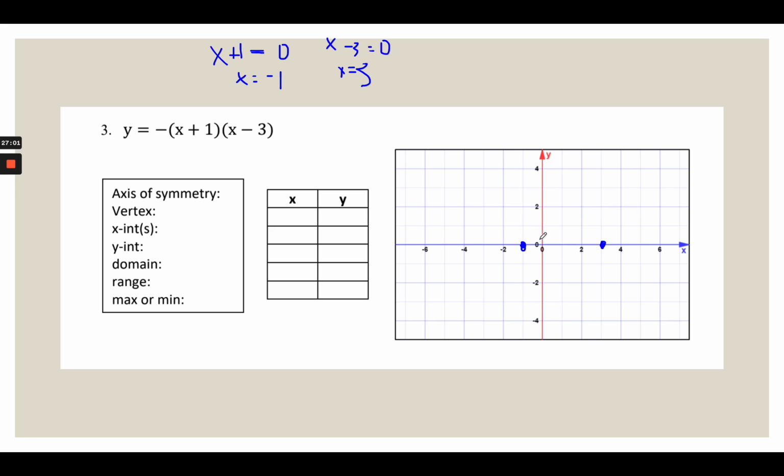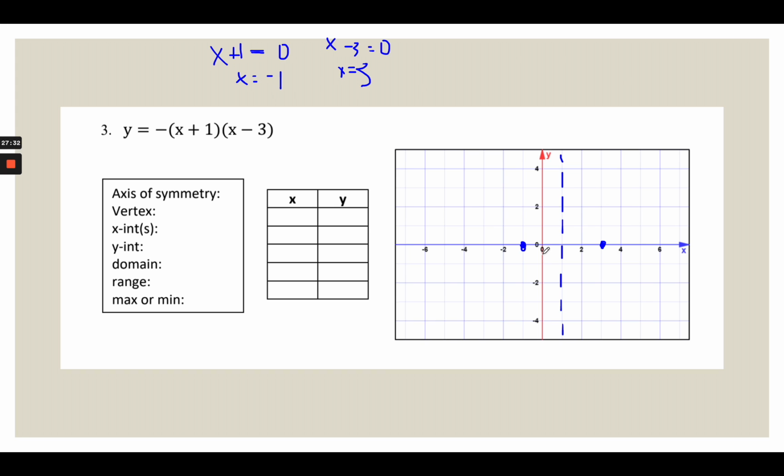If I go in 1, 2 on this side and 1, 2 on this side, I find that my axis of symmetry is right there, right? Because look, this point is 1, 2 away from the axis of symmetry, and this point is also 1, 2 spots away from the axis of symmetry, okay? So that's why I put the axis of symmetry right in the middle.